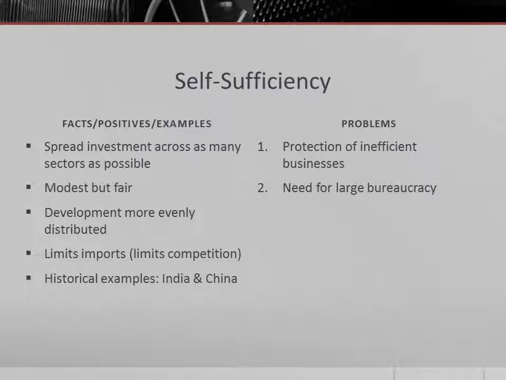How that impacts countries under the self-sufficiency approach is that there might be better products at a cheaper price elsewhere. And so, in order to help maintain that even development across multiple sectors, they have to limit imports, limit competition, so that people have to buy from their country.